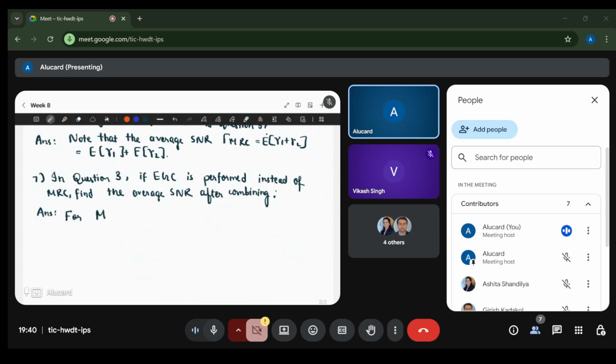Suppose there are M antennas or M receivers, then the average SNR, if you do equal gain combining, is 1 over M times the summation of the square root of the average SNRs, the whole thing squared. So here M is equal to 2.